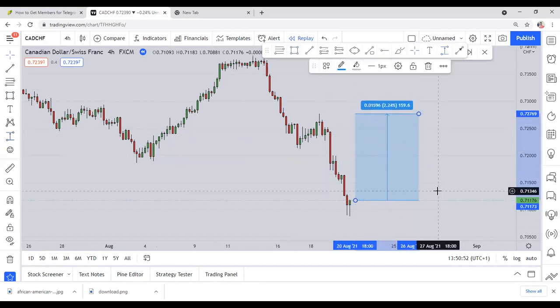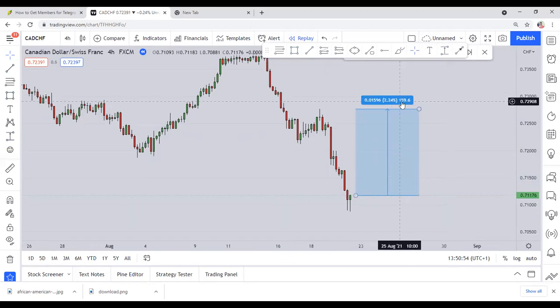And what we have here is 159 pips. That's what we would make if we buy from here. We want to know how much we are going to make from this trade, because you can tell beforehand, if the market actually appreciates, if it actually goes up, how much you're likely to make on this very trade.